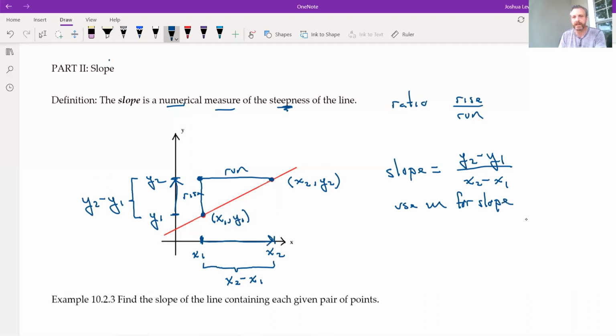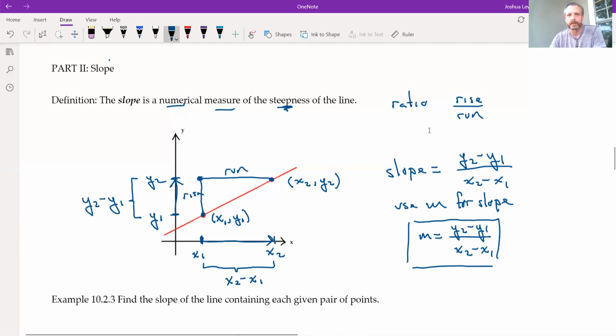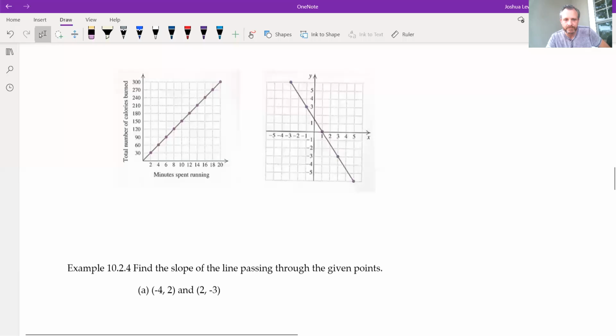You should recognize m. You should have seen it before in our linear equations, or our linear functions. And so that means my slope equation is really m equals y2 minus y1 over x2 minus x1. Okay, so there's the formula. All right, so let's try a couple.